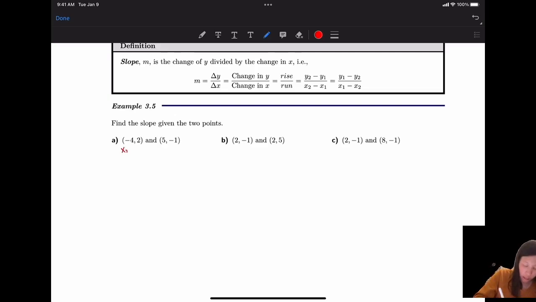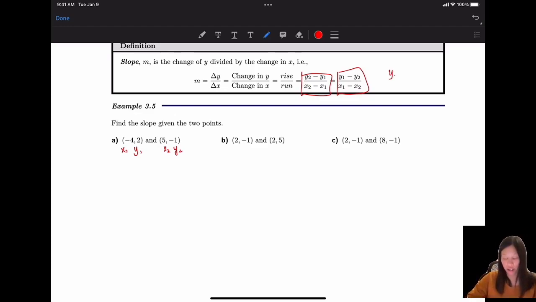You can define any one that you like. In our previous example, we used y1 minus y2 and x1 minus x2. In fact, you can swap the order. You can use the second point minus the first point.